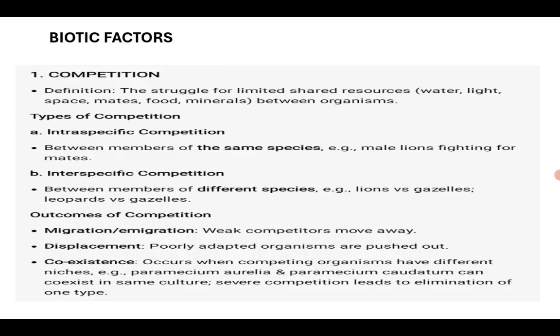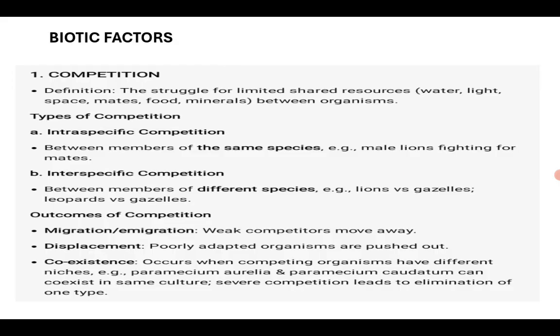Intra means within. Let's say jumbo fish struggling for the limited available food, the phytoplanktons and the zooplanktons on Lake Malawi. Their competition is considered to be intraspecific competition.